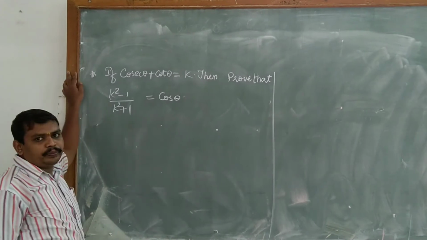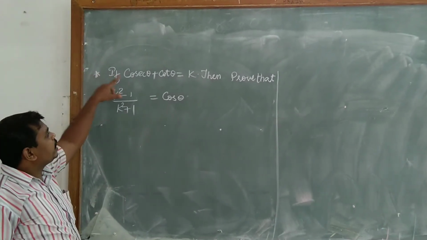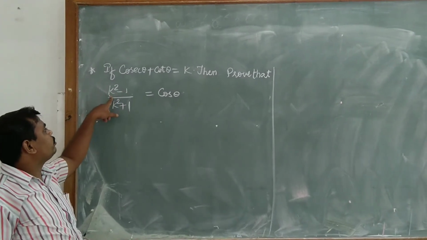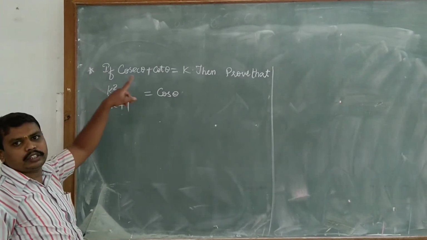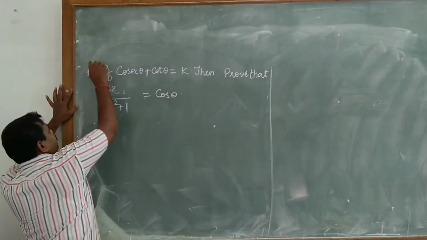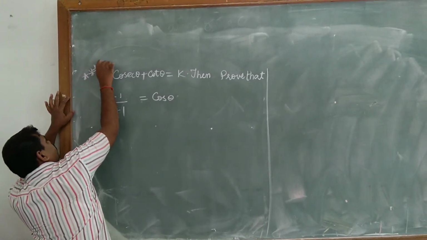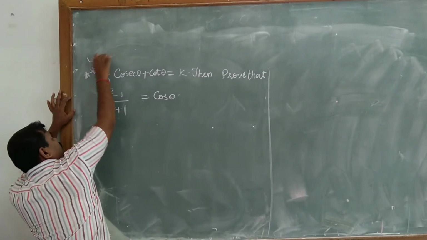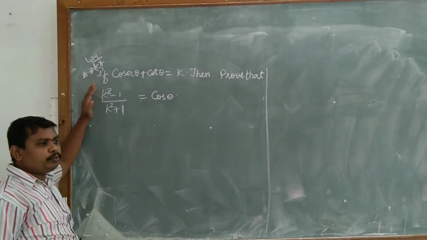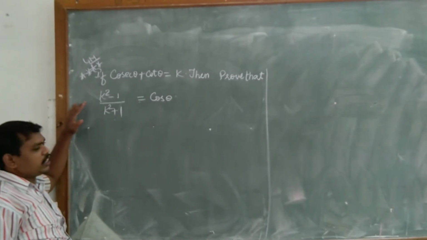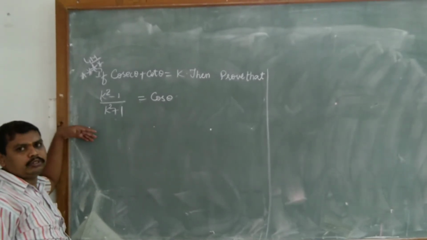Okay, next question. If cosecant theta plus cot theta is equal to k, then we are supposed to prove that (k square minus 1) by (k square plus 1) is equal to cos theta. This is a very important repeated question from the examination point of view for 4 marks, students. Okay. So in order to prove this problem, first and foremost, we have to check what is given and what we are supposed to do.